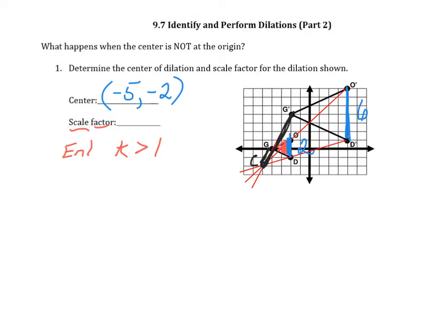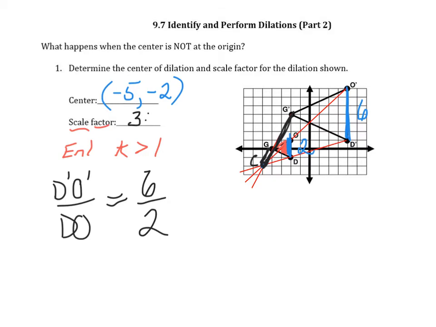To figure out my scale factor, I compare the length of the image, D prime O prime, to DO. In this case, it would be 6 to 2, which gives me a scale factor of 3, or 3 to 1.